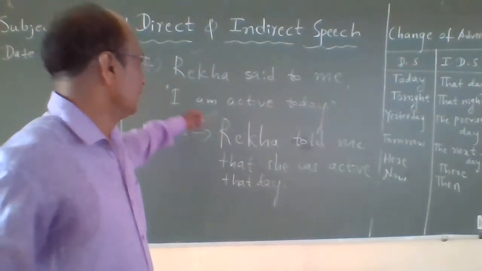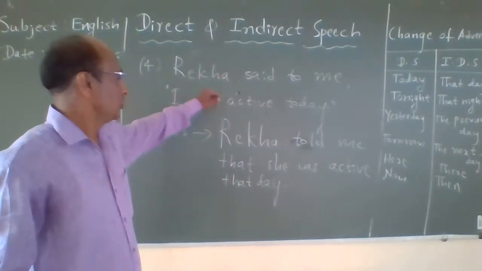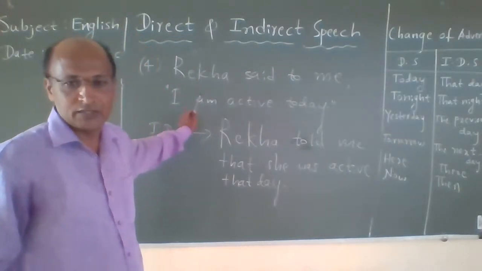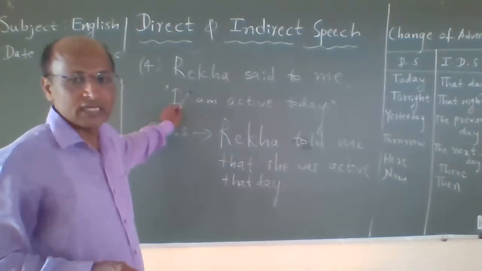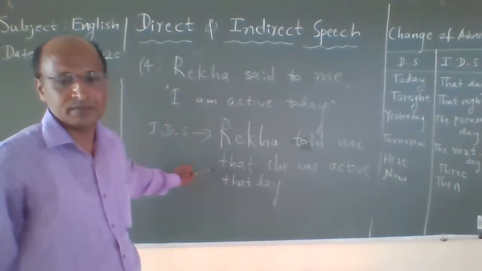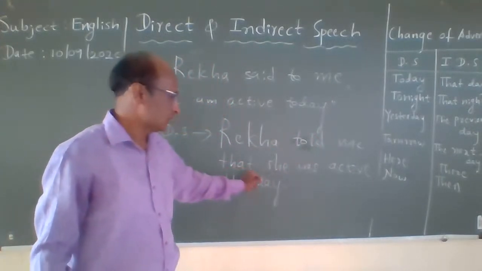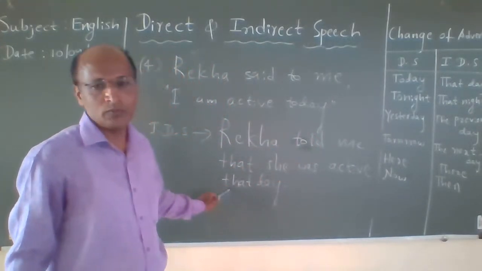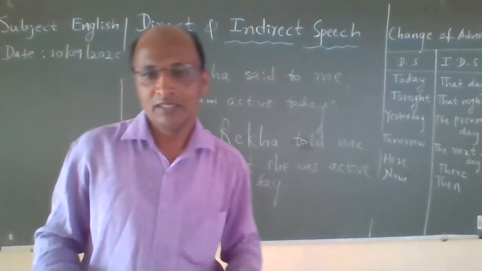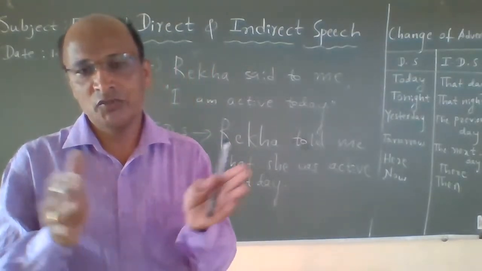See, this is direct speech: Rekha said to me, I am active today. We have changed this direct speech into indirect speech like this: Rekha told me that she was active that day. Today changes to that day. Right?